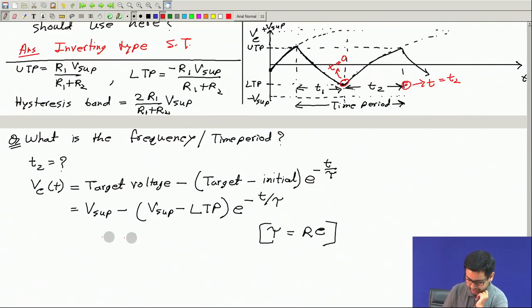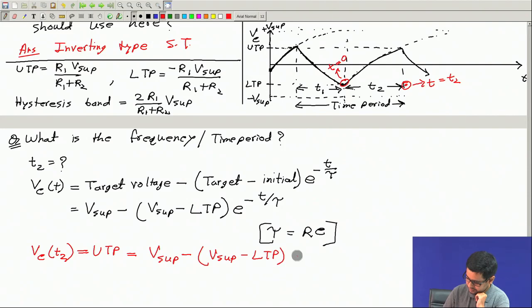So, we can write that Vc at time t2, at this point, will be the upper trigger point. And the expression for Vc we know is V supply minus (V supply minus lower trigger point) times e to the power minus t2 by tau.